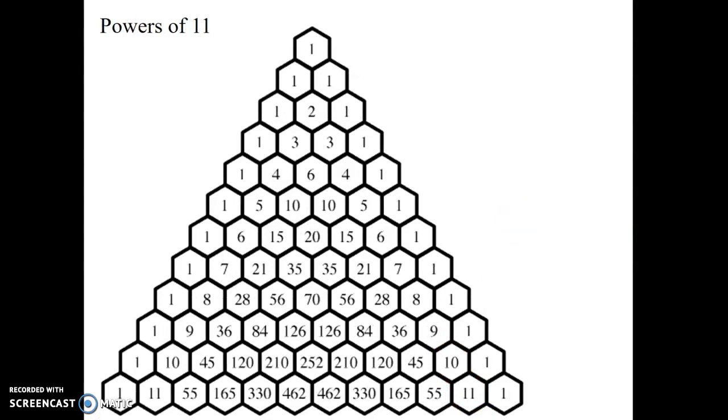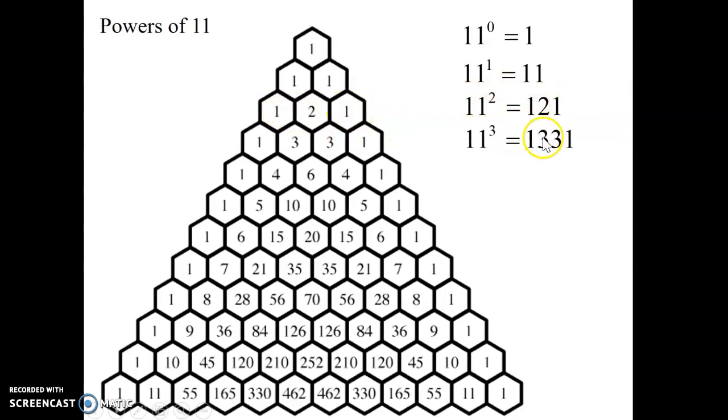This is really, really neat. Powers of 11. Right here, 11 to the 0 power is 1. 11 to the first power is 11, and look, 11 is 1 and 1. Because look at 11 squared, that's 121. 11 cubed is 1331.